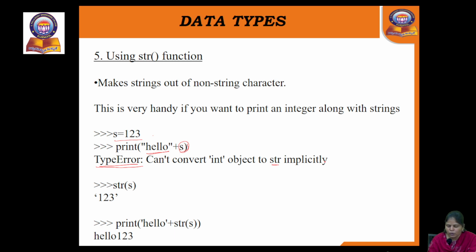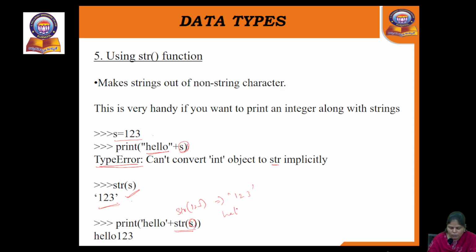So what you have to do is first convert this s into str, that means a string. So str of s, so the number has been converted to a string. Now you can either go like this or directly use hello plus str of s. Now str of 123 will be converted into "123".